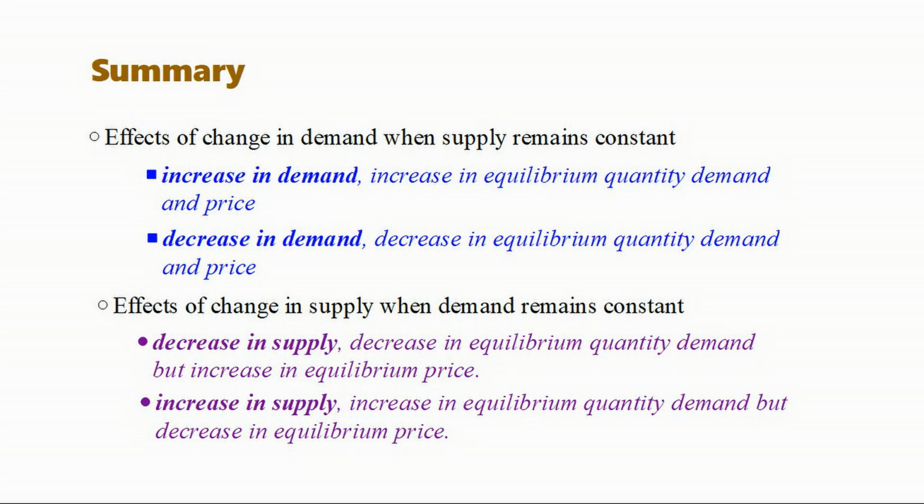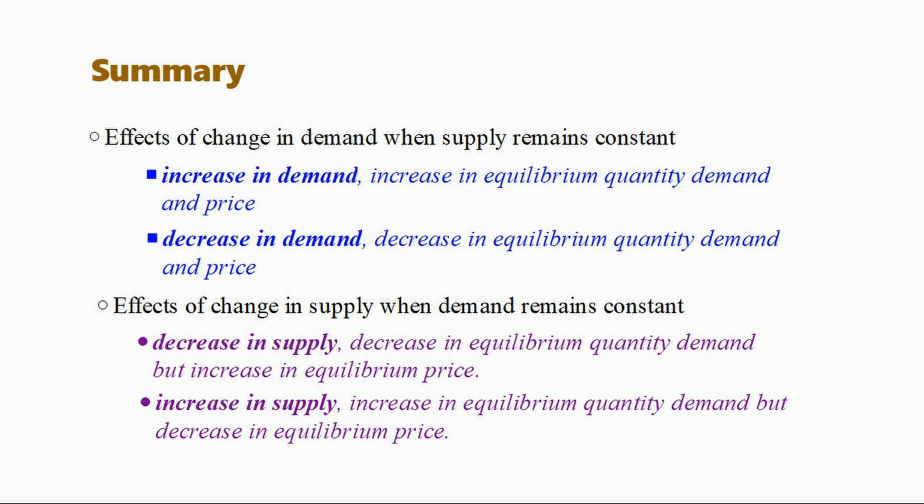The other one, when there is a change in supply, when demand remains constant. When there is no change in demand, if supply increases or decreases, what will be its effect on equilibrium price? Decrease in supply will result in equilibrium quantity becoming lower and increase in equilibrium price.